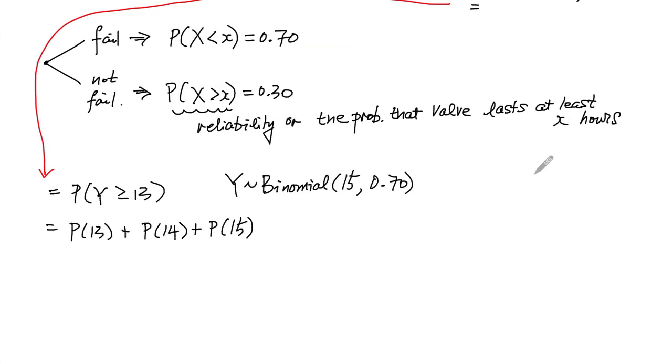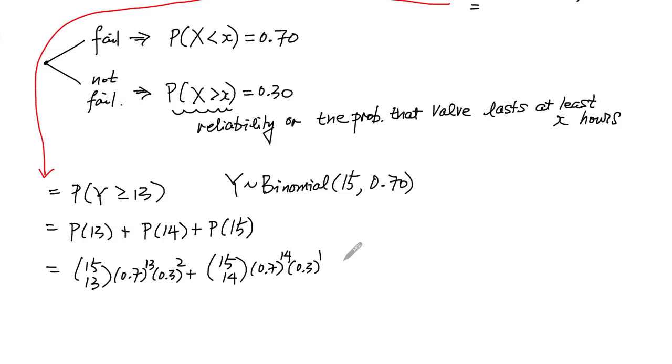Once you have it up to here, the rest is really mere computation. Plug it into the binomial formula. So we get 15 choose 13, 0.7 to the power of 13, 0.3 to the power of 2, plus 15 choose 14, 0.7 to the power of 14, and 0.3 to the power of 1, and finally 15 choose 15, all of them failing, 0.7 to the power of 15, 0.3 to the power of 0.